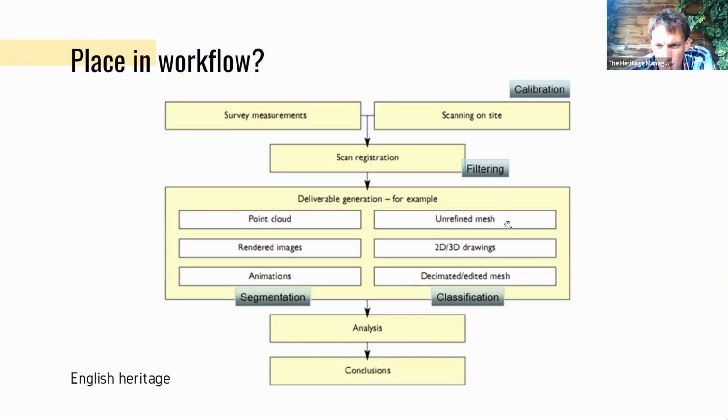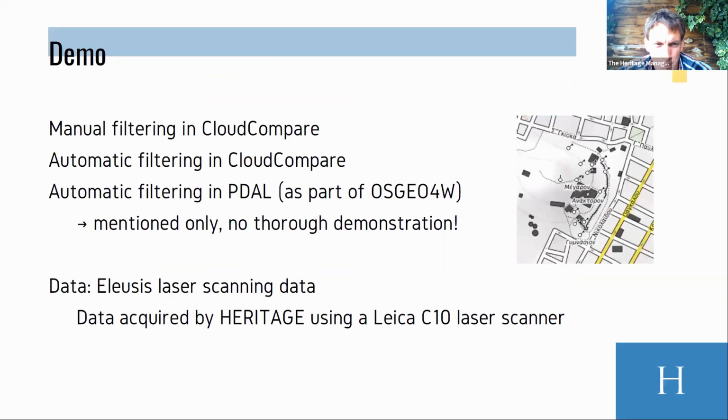So classification and filtering are heavily related to each other, as you will see in the demo. But classification is part of the deliverable generation, whereas filtering is really about the preparation of the data before you can start making your deliverables.